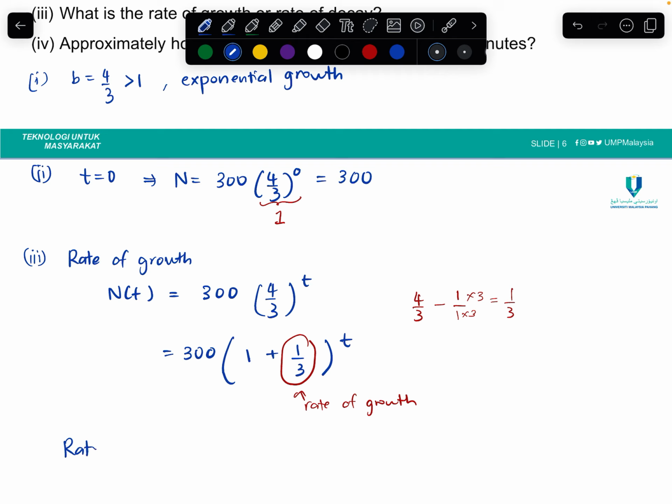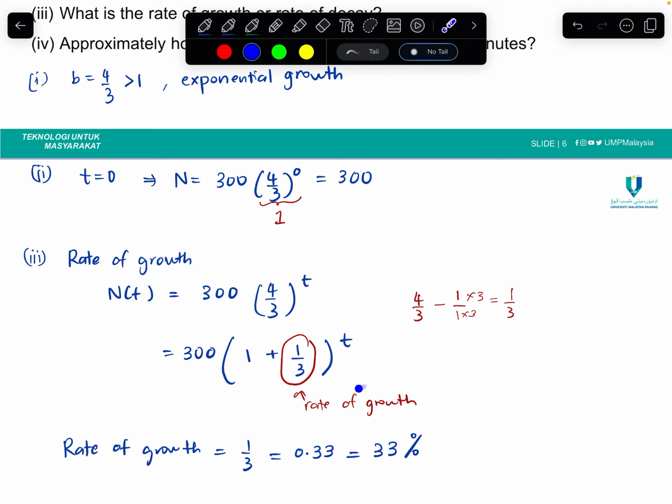Your rate of growth is the value of 1 over 3. 1 over 3 is equal to 0.33 in decimal points, and you can always transform this value into a percentage, which is 33%. So now the answer for the rate of growth is 33%.